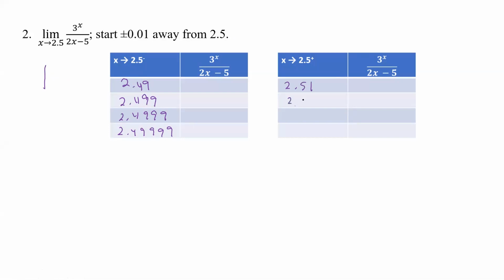Then we'll get 2.501, that extra 0 goes in here, 2.5001, and 2.50001, okay? And so now we're going to plug all those into the 3 to the x over 2x minus 5 in our calculator and see if we can get a nice pattern showing up.